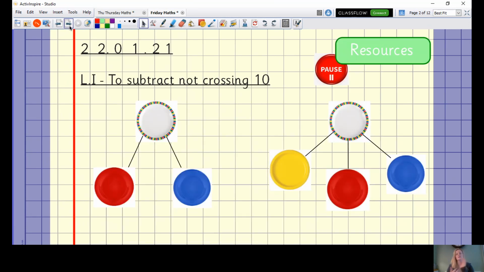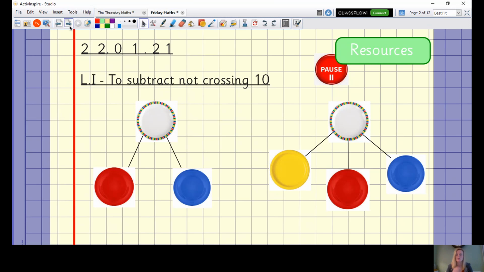Okay, right. Today's resources. Now, some of you parents might be a bit concerned about the amount of resources today, but please don't worry. You could just use coloured paper. The colours are there to help you, and if you could do the same as what I've got, that would be beneficial. So I thought you might have plates that you can use and have different resources ready on the plate.